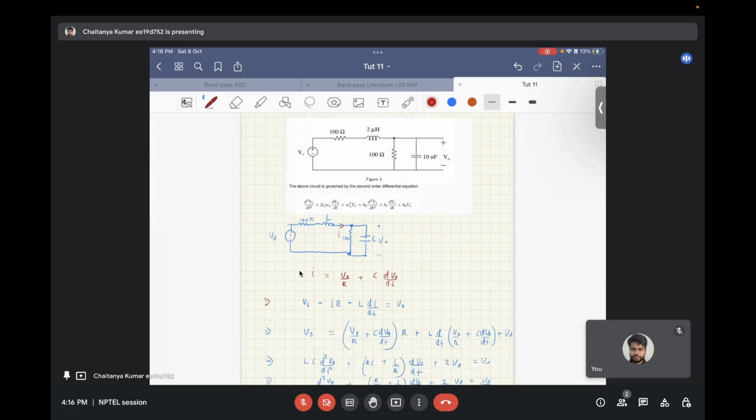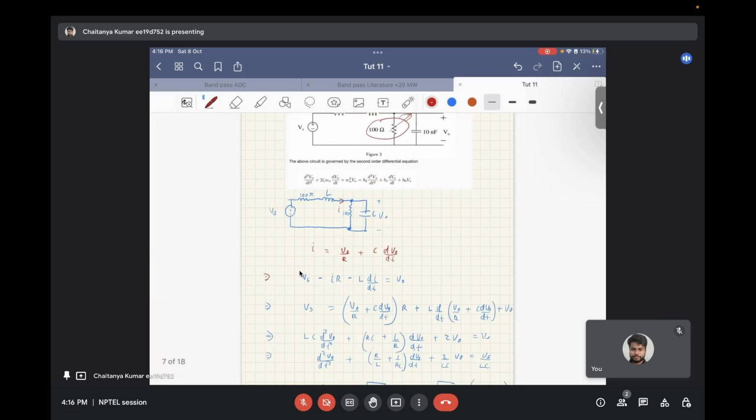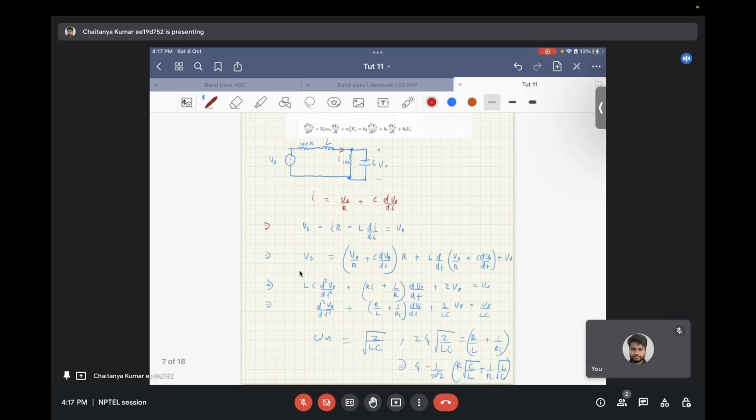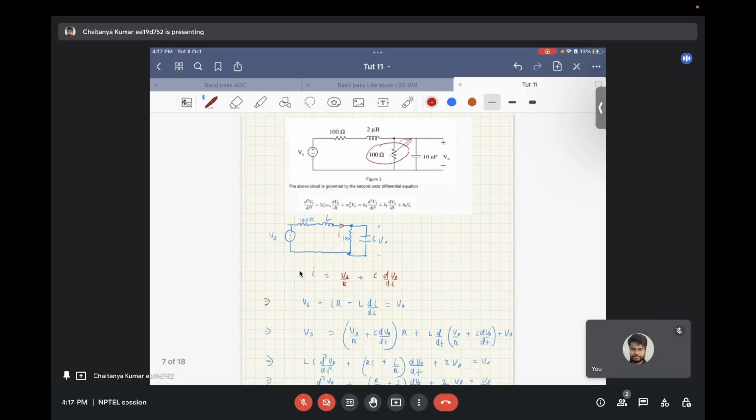So in this case, you can see if this resistor goes to 0, then you have a series RLC network. And if this resistor goes to infinite, you have a series RLC network.